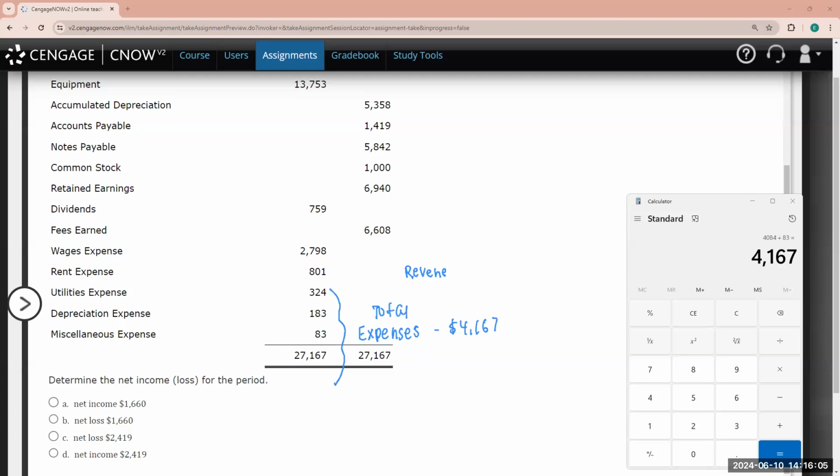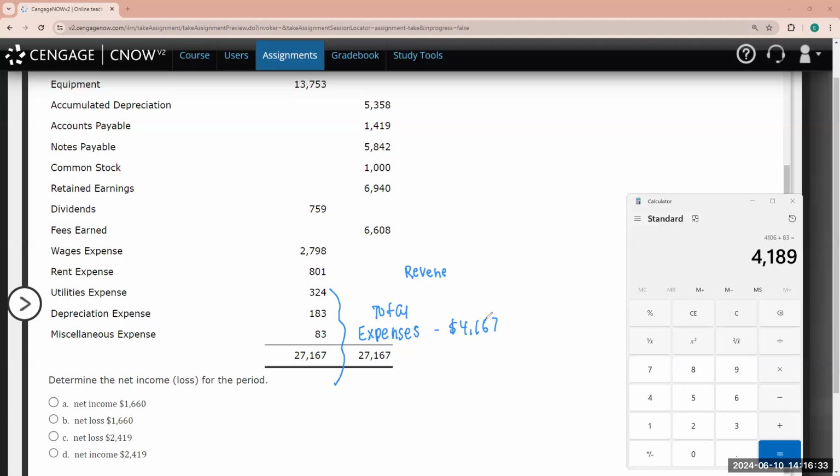And then we know that our revenue is 6,608. So 6,608 minus 4,167. Do the math again, 2,798 plus 801 plus 324, 183. Sorry, 4,189.